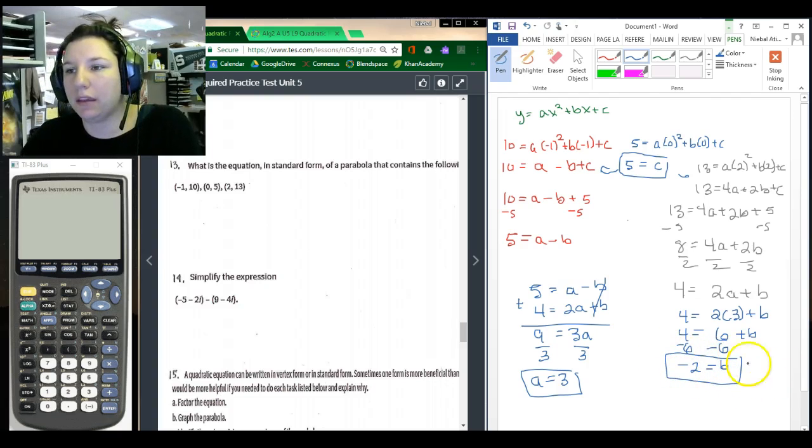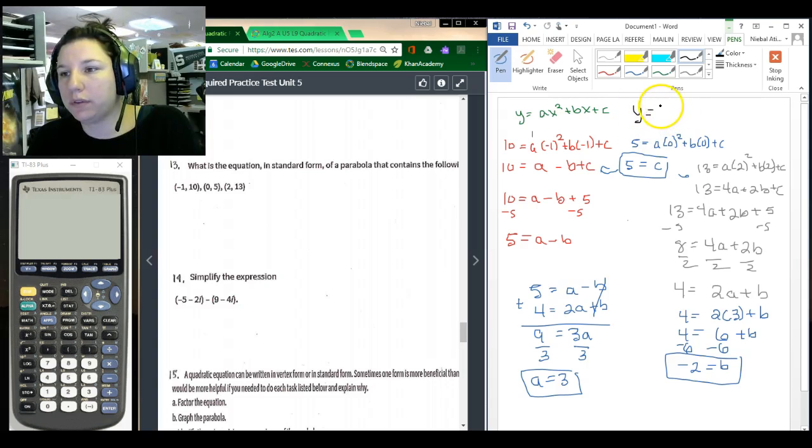So now we have A, B, and C. So our equation is y equals 3x squared minus 2x plus 5.